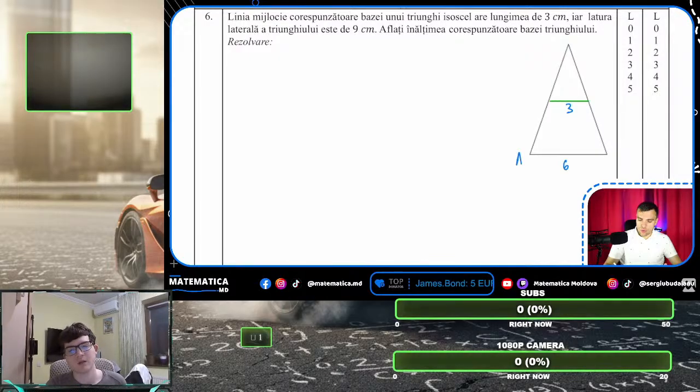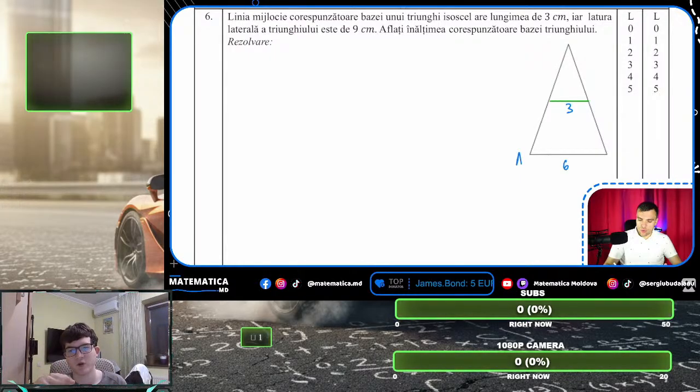So we got a triangle like this with left and right sides equal, and they both have 9 centimeters. And you know that this line in the middle is 3. So basically, if it's in the middle, then the one at the bottom is 6. Now you have to find the height of the triangle.